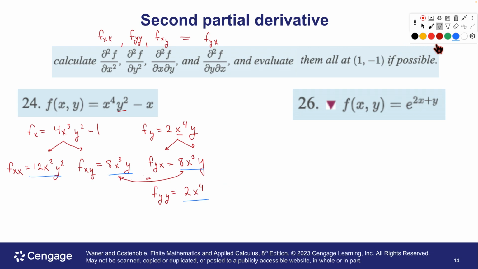I do want to take a look at this last one here, because we have to remember how to take the derivative of a function like e to the x squared. So e is the natural number.